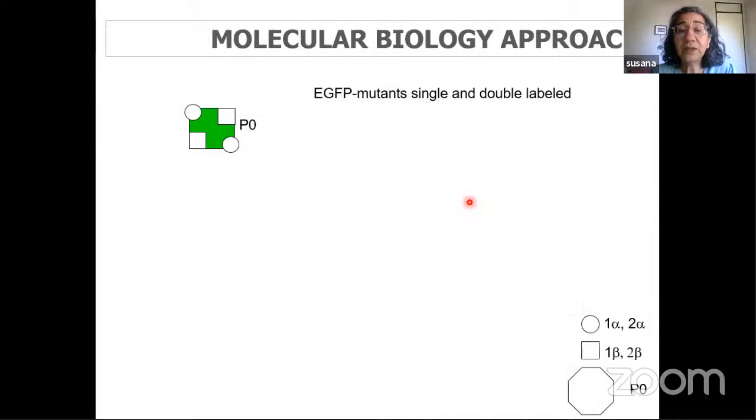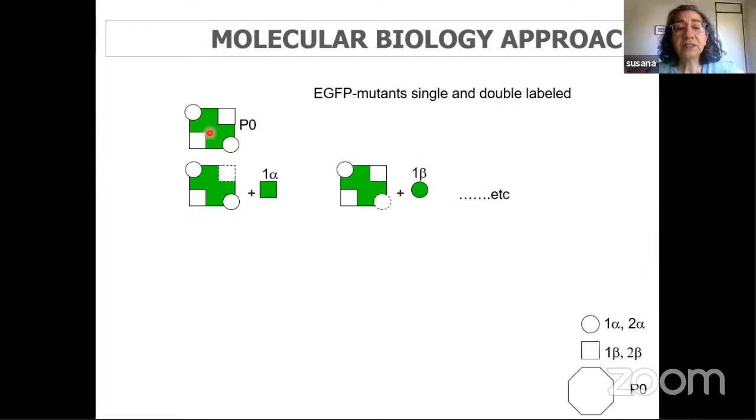So the molecular biology approach they took was pretty insane. They made several combinations of mutant single and double labeled EGFP yeast. In some of them, they just labeled the P0 with EGFP, that is one per ribosome.